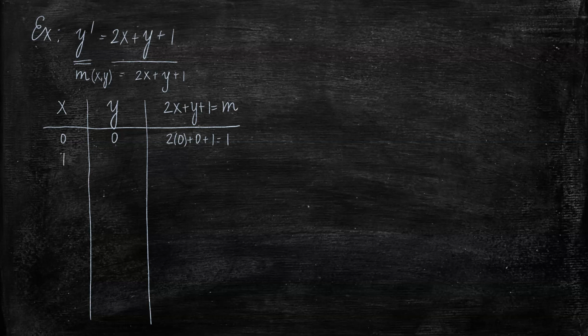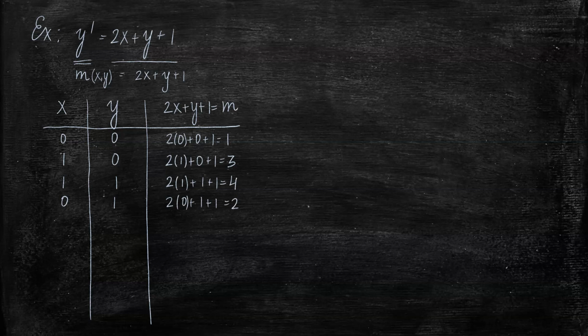When x equals 1, y equals 0, we get 2 times 1 plus 0 plus 1, so we get 3. When x equals 1, y equals 1, we get 2 times 1 plus 1 plus 1, we get 4. And maybe we can go in the other direction, so x equals 0, y equals 1, and then what do we get? 2 times 0 plus 1 plus 1, 2.